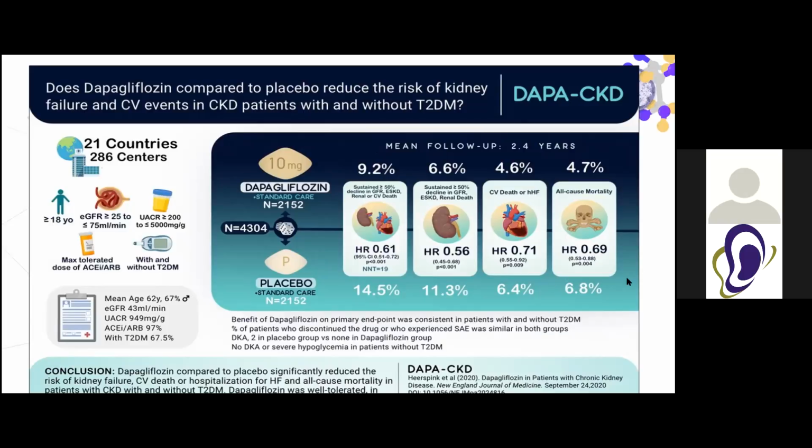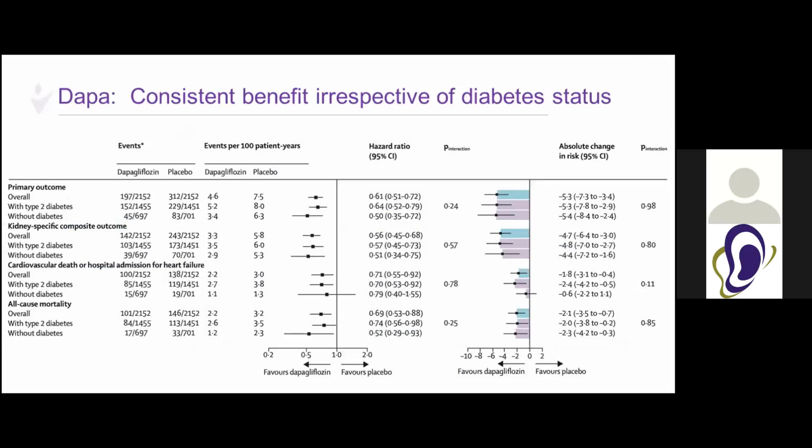And all of these hazard ratios are highly significant and positive. And again, just to highlight that this effect of the flozin family, and in DAPA in particular, because that's the one that's been studied most, is consistent irrespective of the diabetic status.